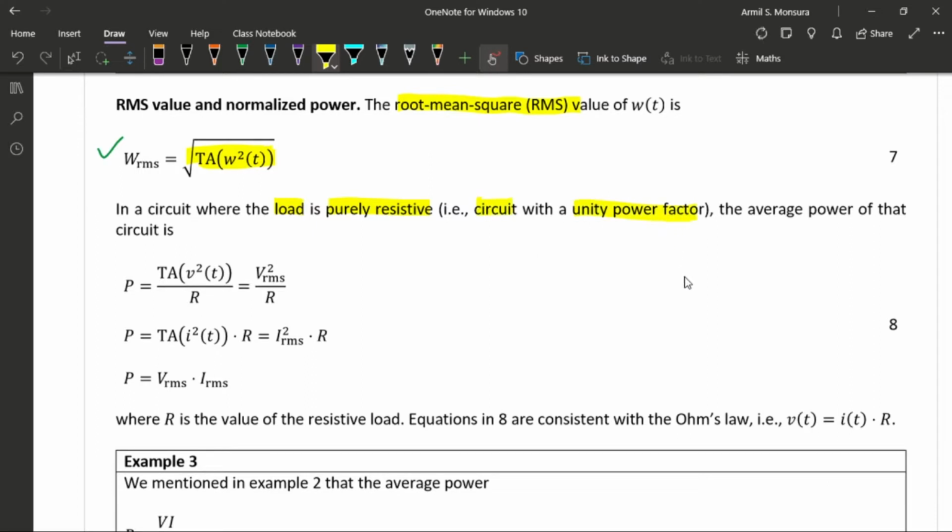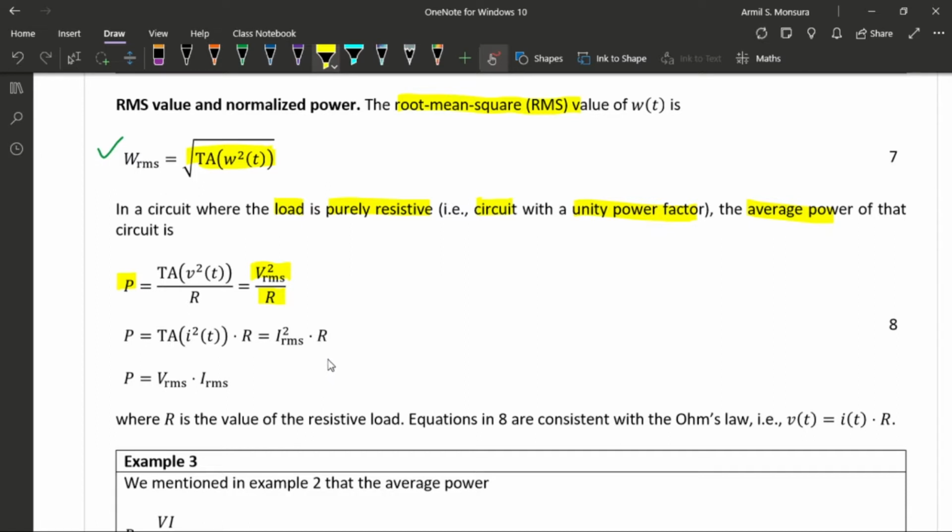The average power of that circuit is given as the square of the root mean square of the voltage divided by R, where R is the resistance of the resistive load.